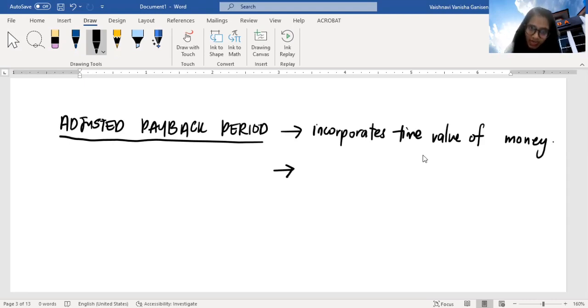The only thing you need to remember is that here, when you talk about how much time it takes to recoup your investment, you are not looking at net cash flow anymore. You are looking at present value of cash flow. So whether you notice or not, now I have to discount my cash flow. Still the same concept.